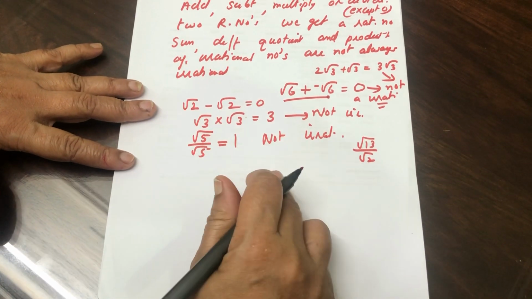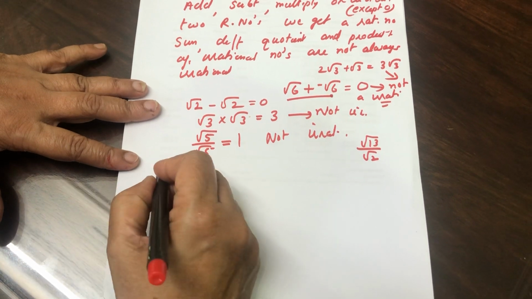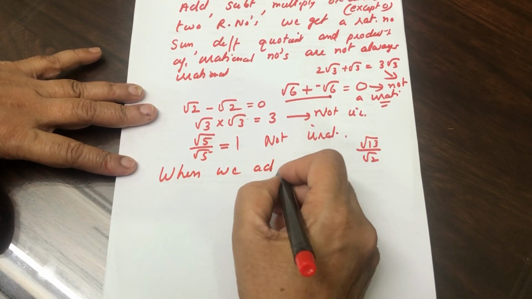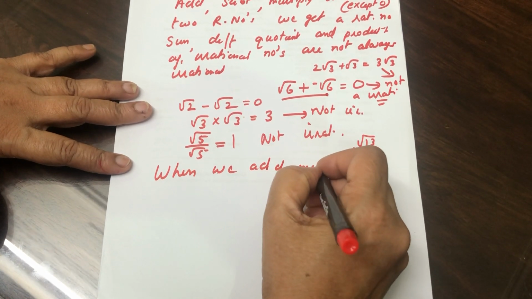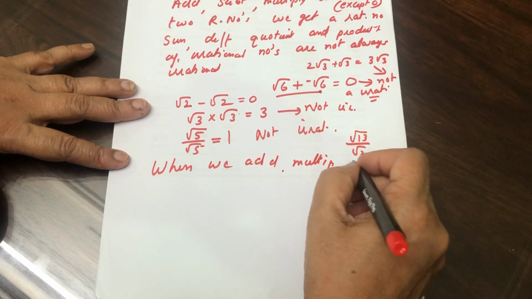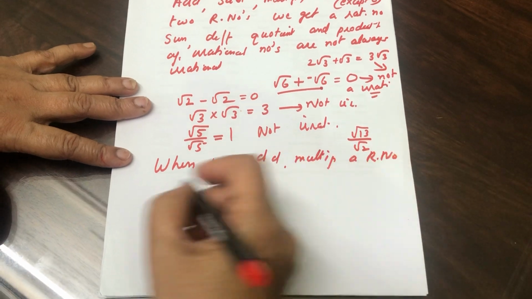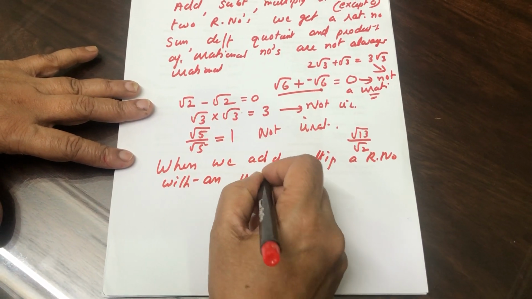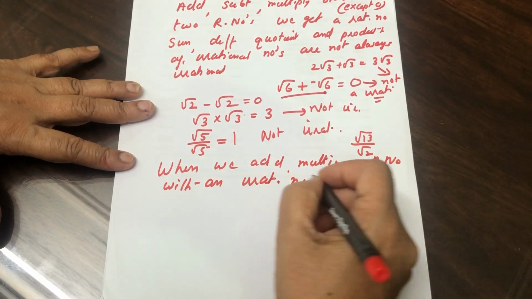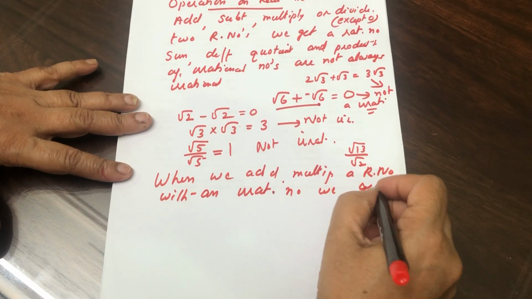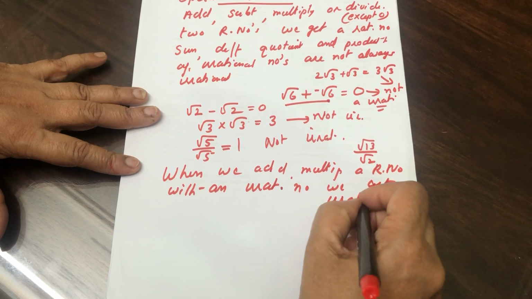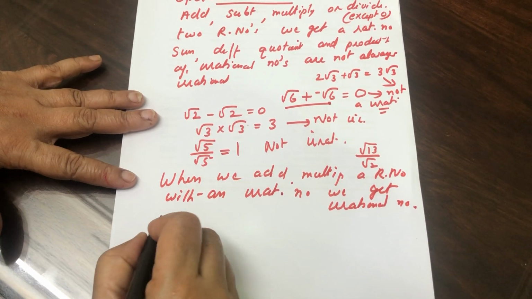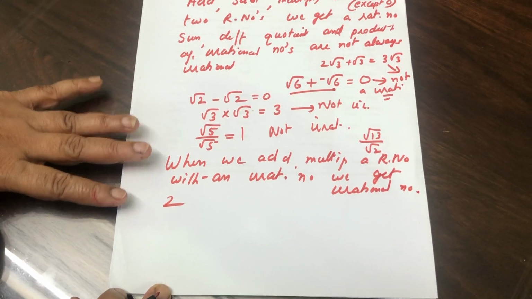Now you take a rational number and an irrational number. When we add or multiply a rational number with an irrational number, we get an irrational number. For example, 2 is a rational number.